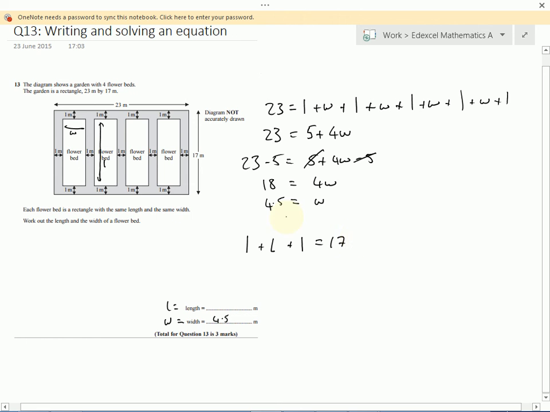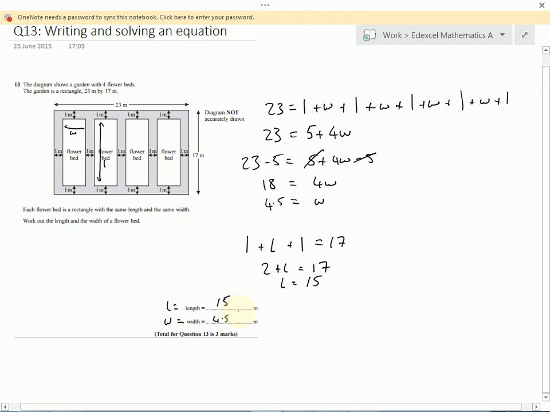Like before, let's collect up the numbers: 1 plus 1 is 2, so 2 plus L equals 17. I want the letters on one side and the numbers on the other, so I take away 2 from here, so I've just got L on its own, and I take away 2 from here. 17 minus 2 is 15. And that's your answer: L, the length of a flower bed, is 15 metres.